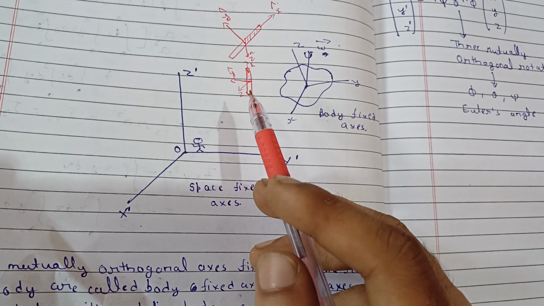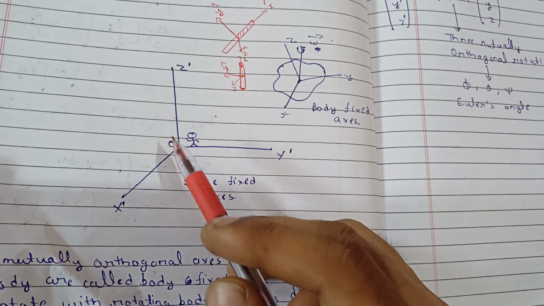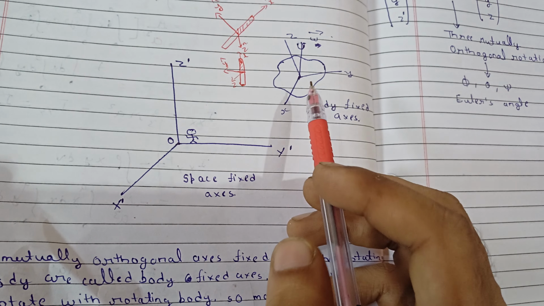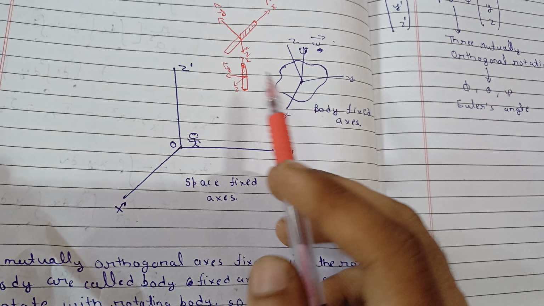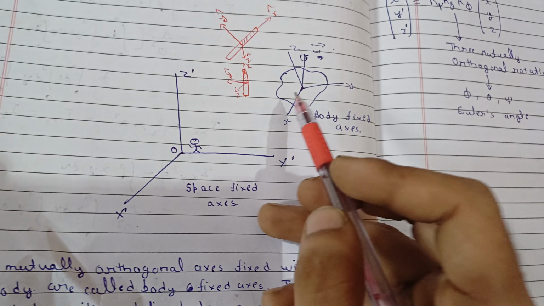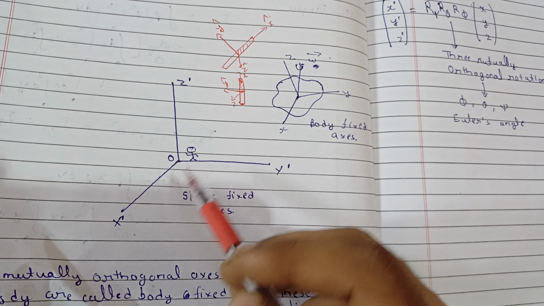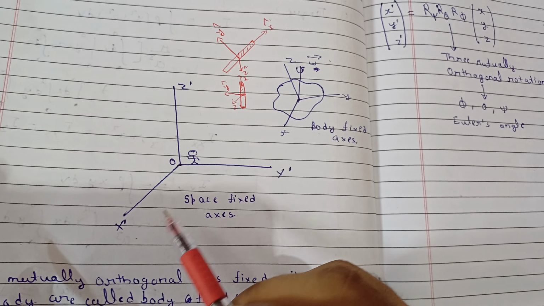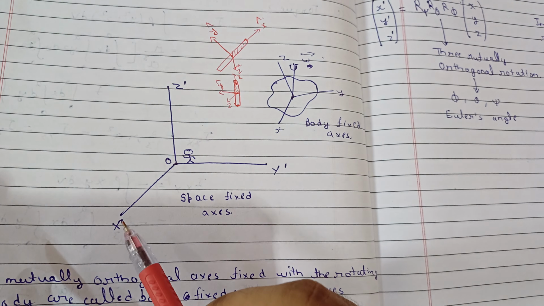If it changes again, then we will again orient it with the Z prime, Y prime, X prime. If it changes again after some time, we will again align with the Z prime, Y prime, X prime, and that's how we can see how this body is rotating in this space fixed axis. So that's how we can find the orientation.